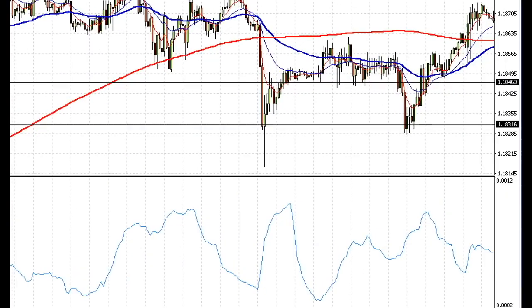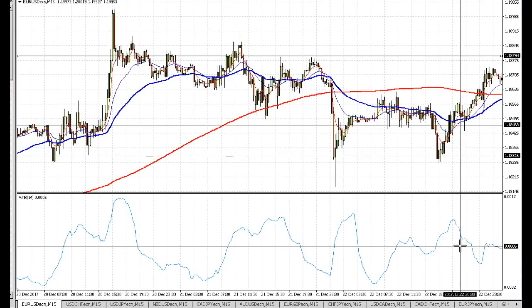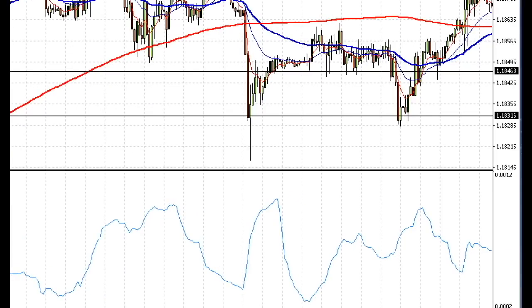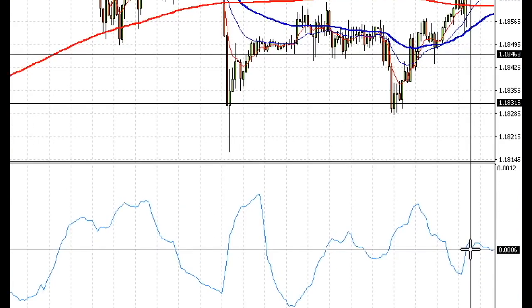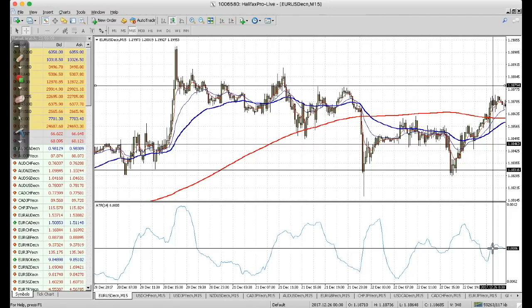So notice the center is about 6. Can you see 6 over there? Let me just bring it closer for you. Can you see 6? That means 6 pips. So it tells you that the average true range, the ATR of this currency pair for 50-minute candles is 6 pips. So what is 6 times 2?